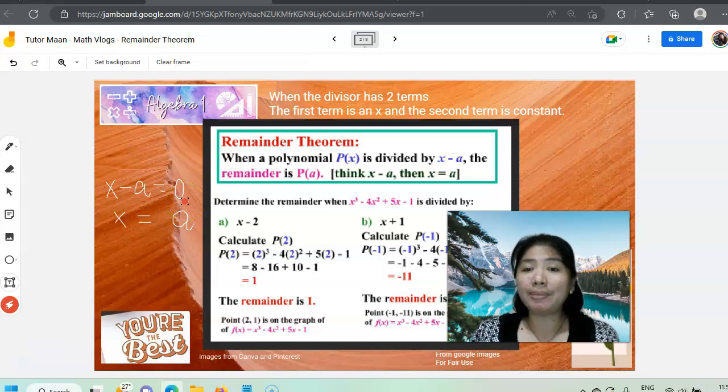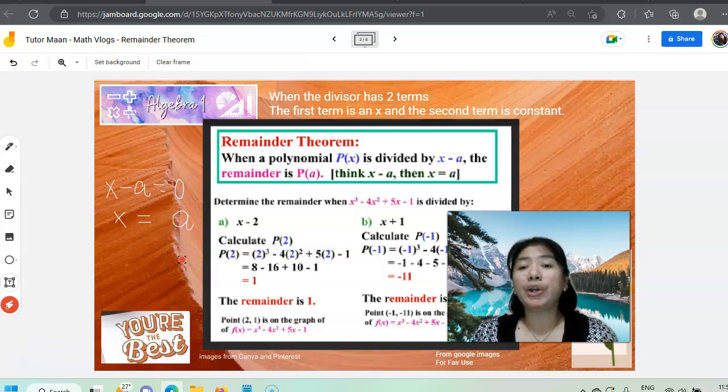Anyway, that can be a little abstract for now, but we would be able to appreciate factoring or finding roots in some other video lessons. Again, when we say a root, it is a value of x wherein if we substitute that root, we are going to get a value of 0.